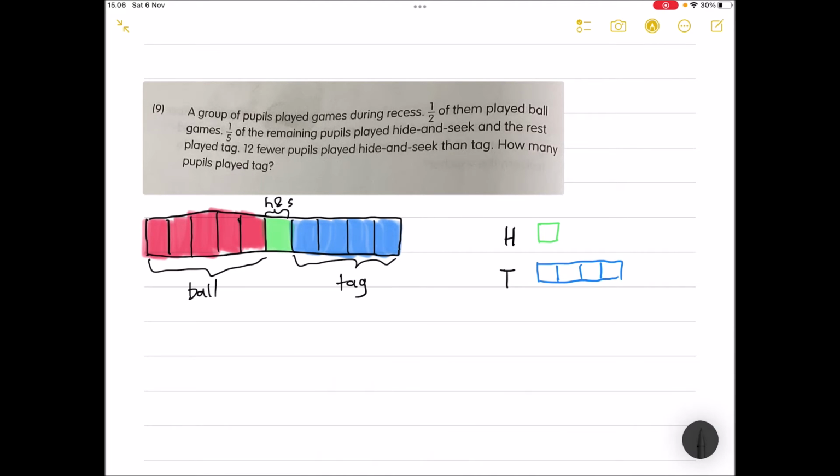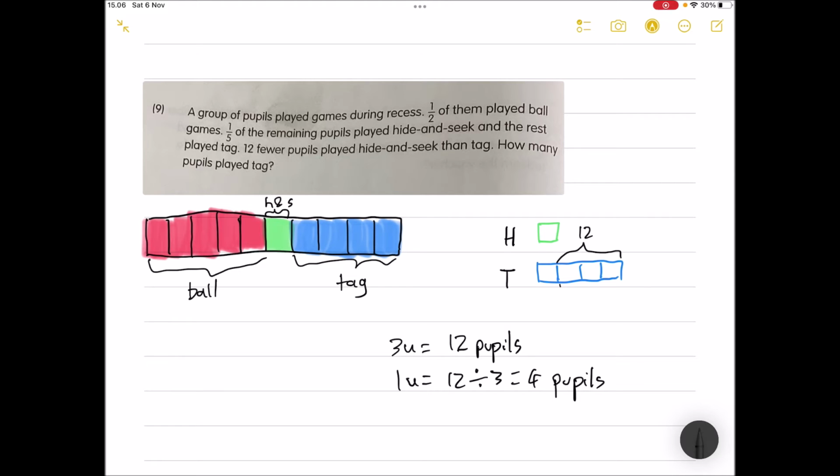So the 12 fewer pupils is the difference, only 3 boxes. This is 12. So now I know 3 units equals 12 pupils. So 1 unit equals 12 divided by 3 equals 4 pupils.